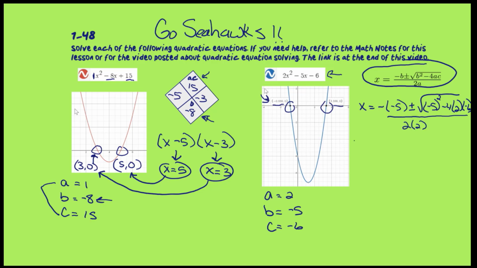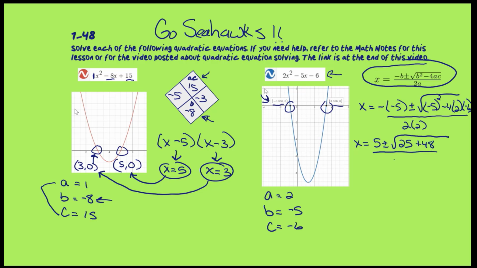Let's start by simplifying it. A negative negative 5 is positive 5. Underneath we have negative 5 squared, which is 25, and then minus 4 times 2 times negative 6. Negative 4 times 2 is a negative 8, times a negative 6 is a positive 48.